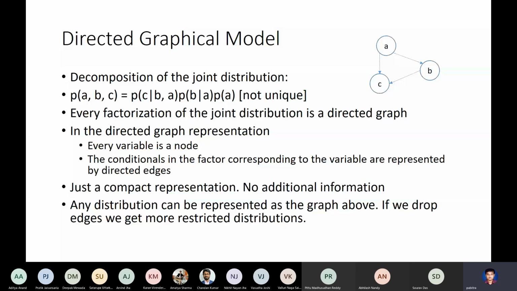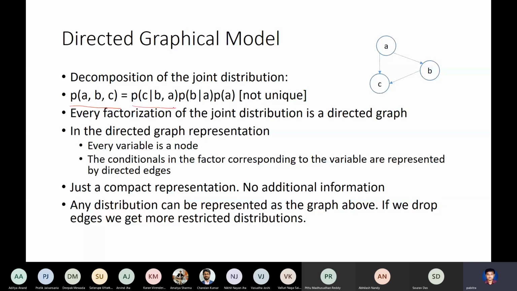As we discussed before, a directed graphical model is a representation of a factorization of a joint distribution. For example, if we take this joint distribution, you can factorize it into this just by application of the chain rule.